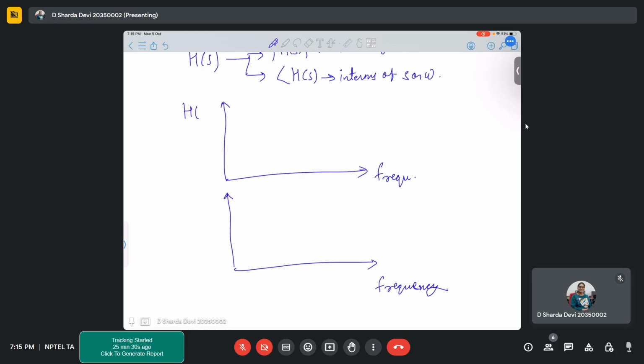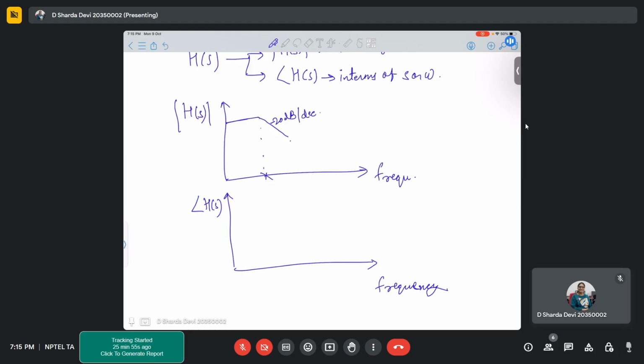This is, let's say, the magnitude plot. This is your phase plot. So you will have some gain, let's say a certain DC gain, then you encounter the first pole. A pole will introduce a negative 20 dB per decade slope.